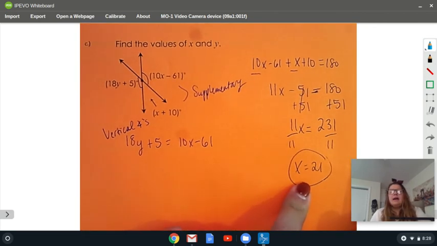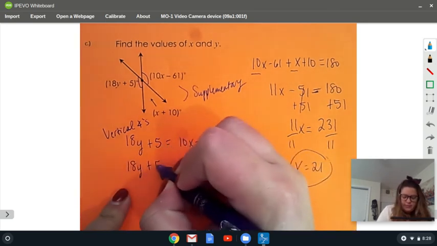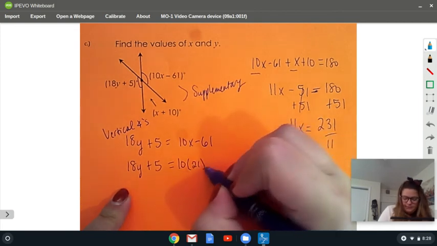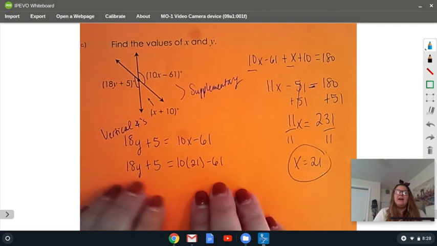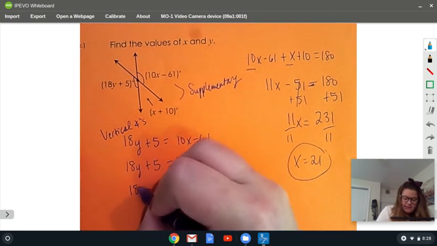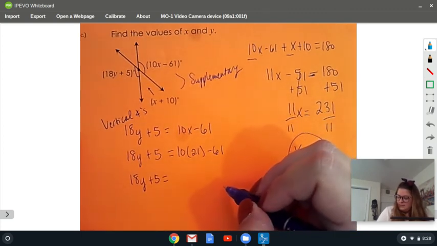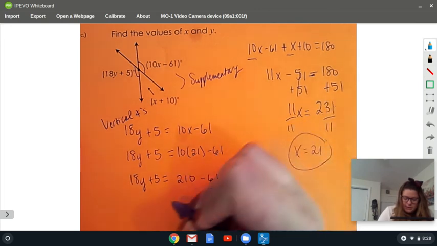I found x. I still have to find y. So I'm going to go over here, and I'm going to plug my new x in. So I found that x is 21. So now that I've found x and I've plugged it in, I can now solve this equation because there's only one variable in it. So I got 18y plus 5 equals 210 minus 61.